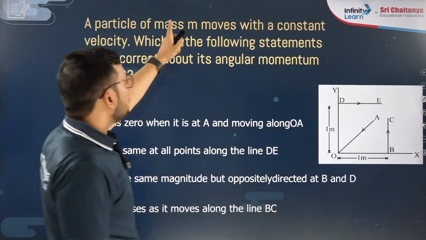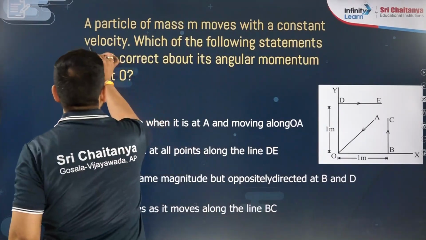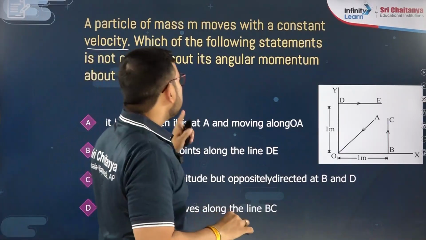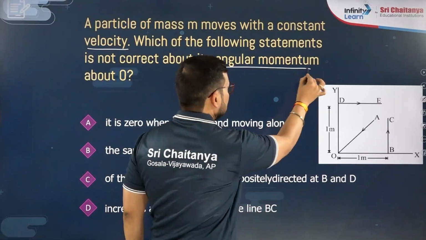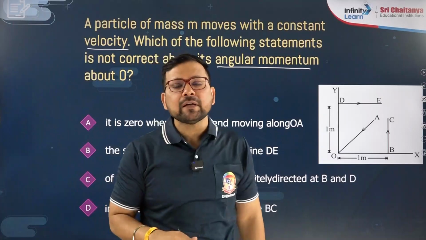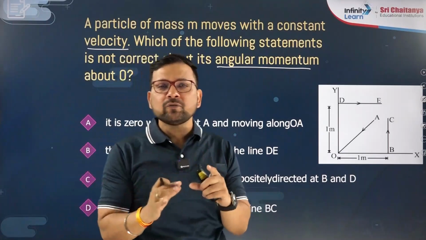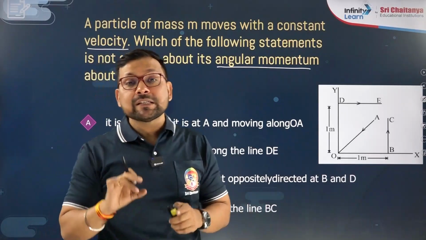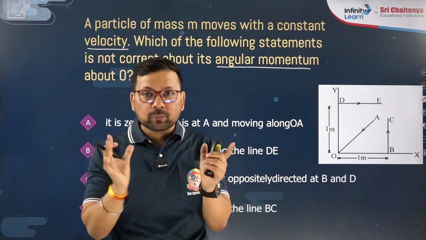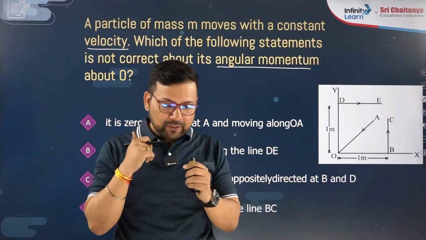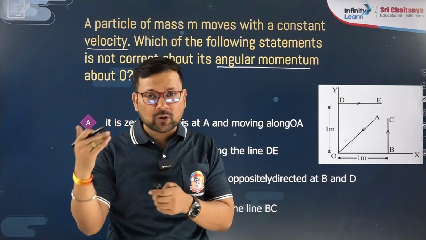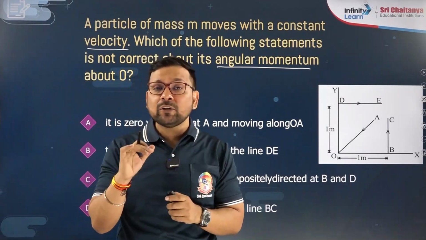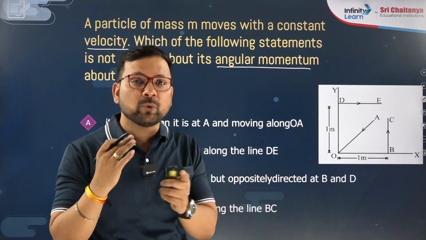Particle of mass m moving with constant velocity. When I'm doing an angular momentum question, as a student our mind should read one thing very properly: is it an orbital angular momentum question, a spin angular momentum question, or both? Means I will go with MVR perpendicular or R cross MV, same thing, or I will go with I omega, or I will go with both.